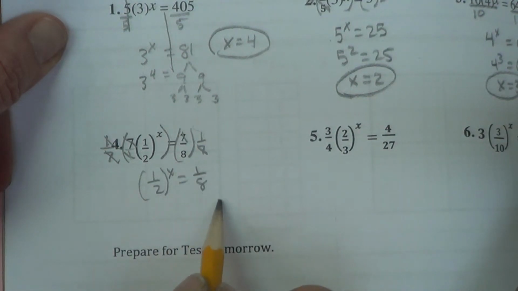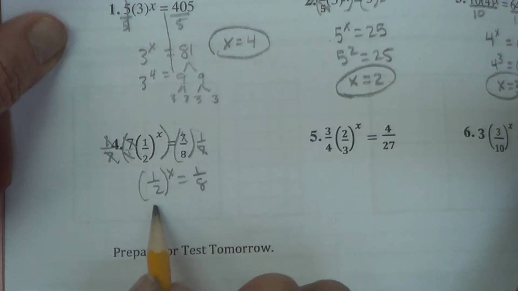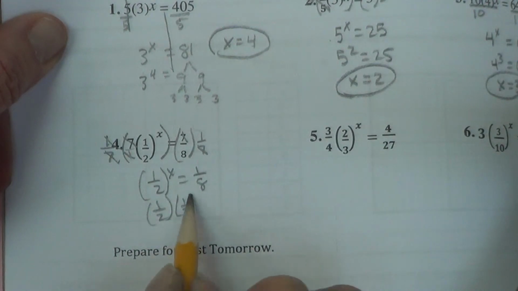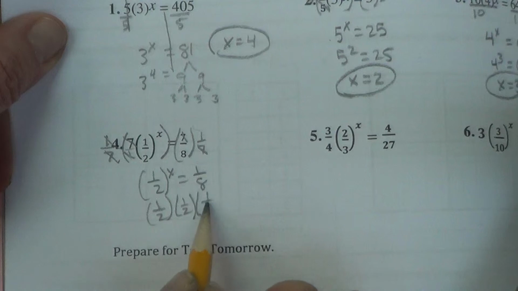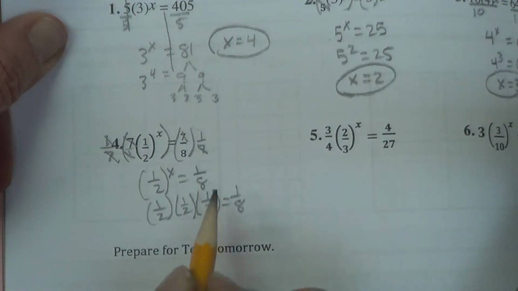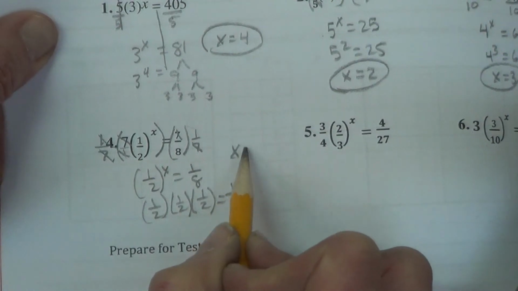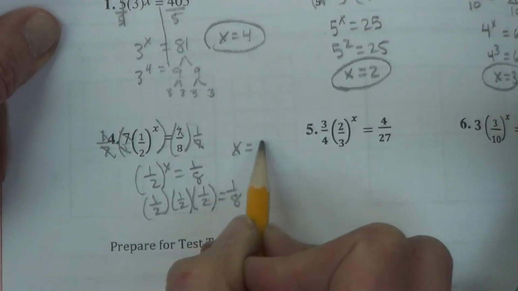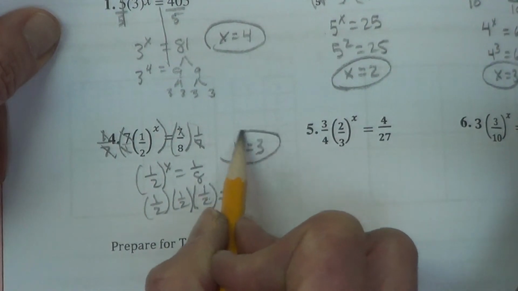Well, it's kind of hard to break this down, but we do know that 1/2 times 1/2 is 1/4 times another half is 1/8. So we know that x equals 3, because it's 1/2 to the 3rd.